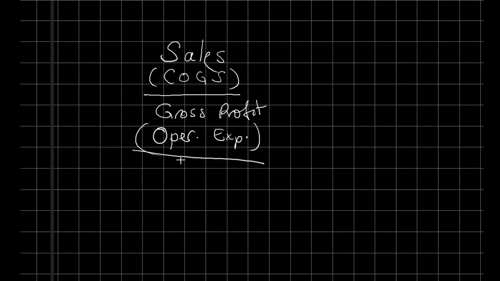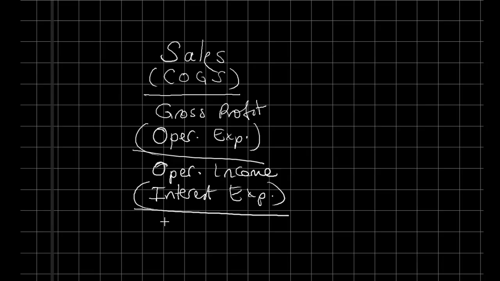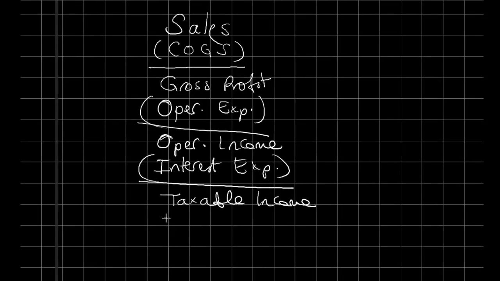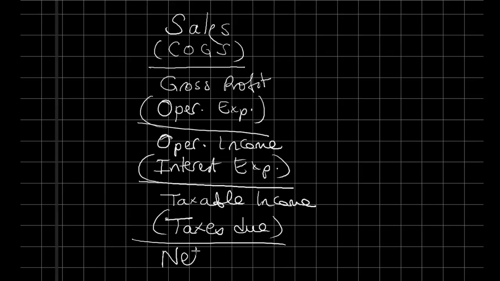We deduct that amount to come up with operating income. Later on, we also deducted another type of expense, financing expenses such as interest expense, from operating income. That gave us our taxable income, or earnings before taxes. Once we calculate our tax liability, taxes due, we deduct that and we come across the net income figure. Net income is basically the profit that the company makes. That order is basically it.